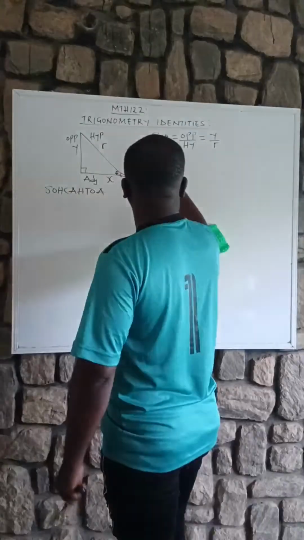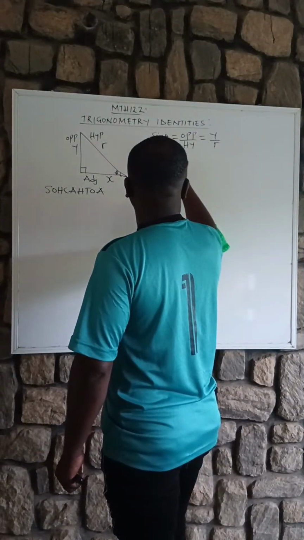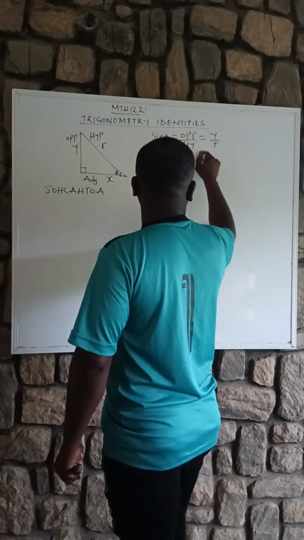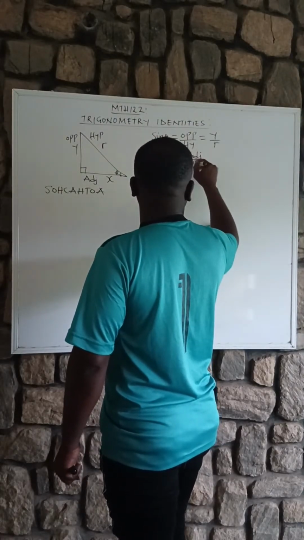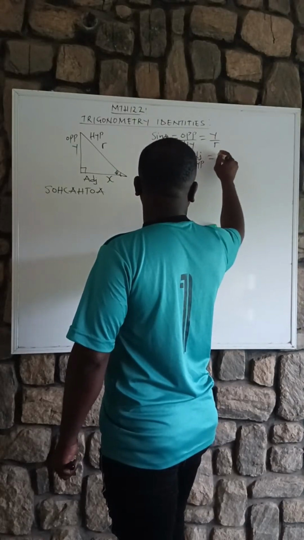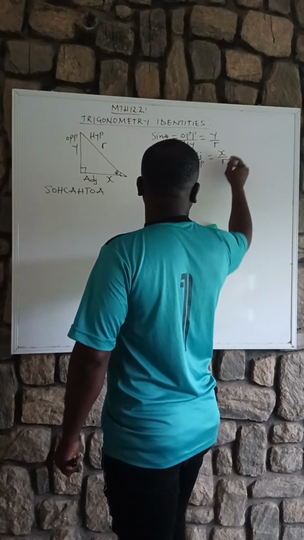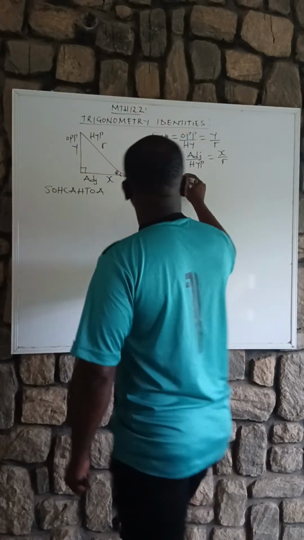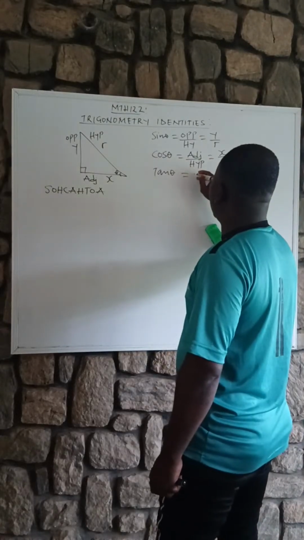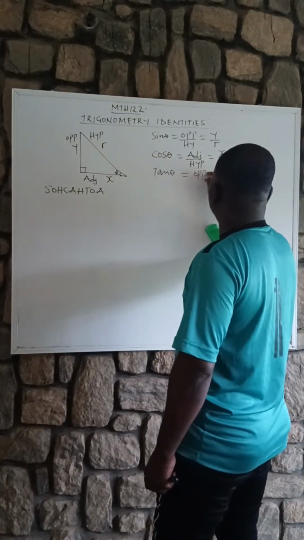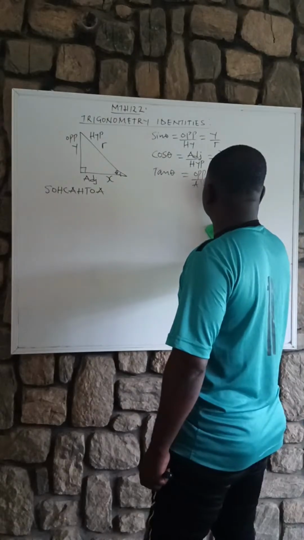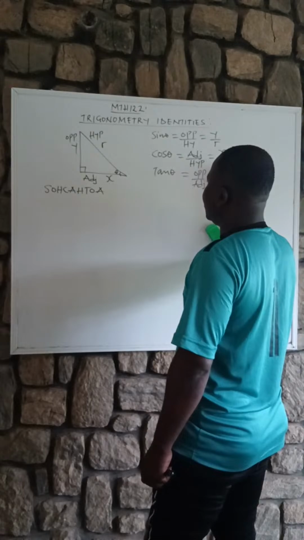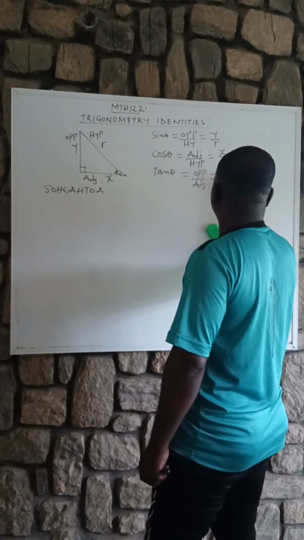Then cos theta is equal to adjacent over hypotenuse, which is x over r. Then tan theta is equal to opposite over adjacent, which is y over x.